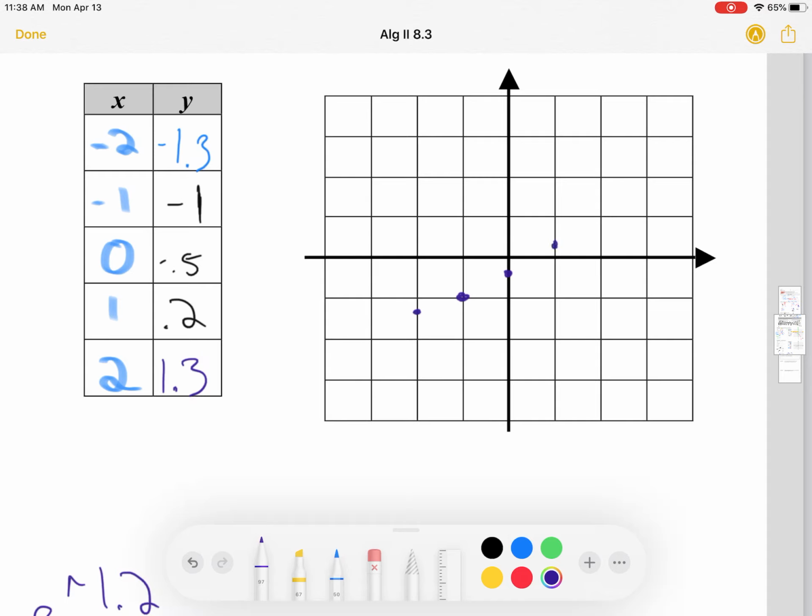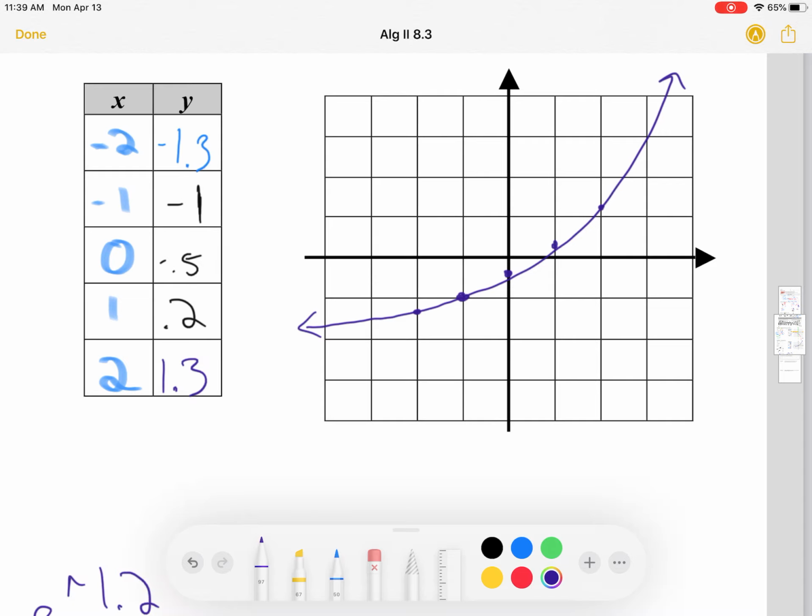Right 1, up 0.2. 2, 1.3 is right 2, up 1.3. Okay, as you can see, the further right we go, the higher up we go. So our graph should look something like this.